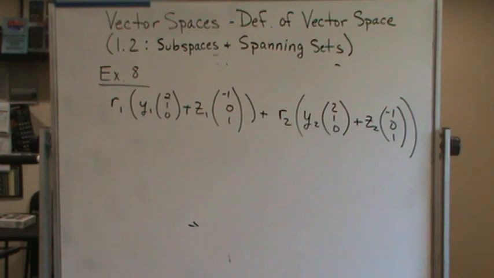Now, the linear combination lemma shows that the total is a linear combination of the two vectors.